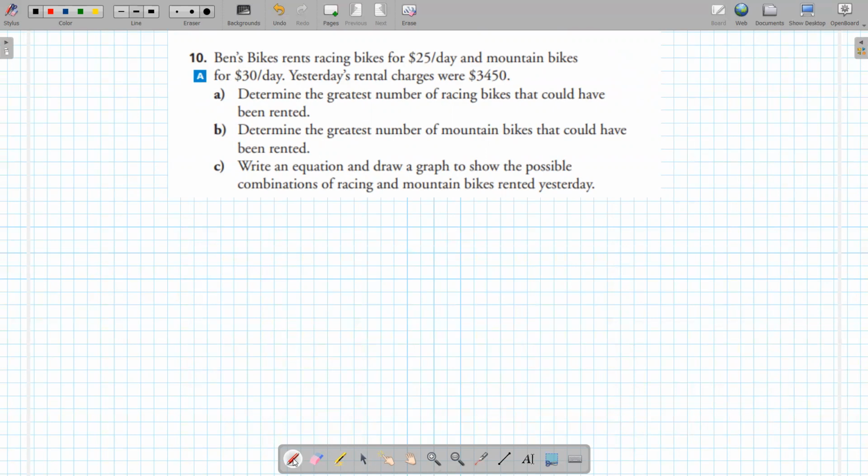Ben's bikes. Okay, so you're renting two things. You're renting racing bikes for $25 a day. So we're going to say racing bikes, the number of them is X, and the mountain bikes, the number of them is Y. What's the equation here?